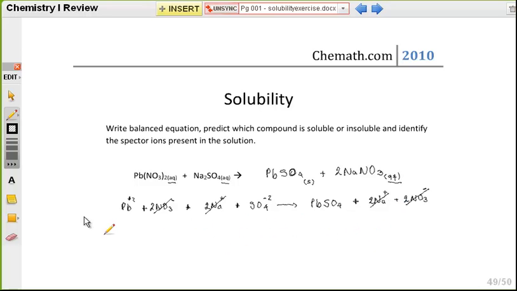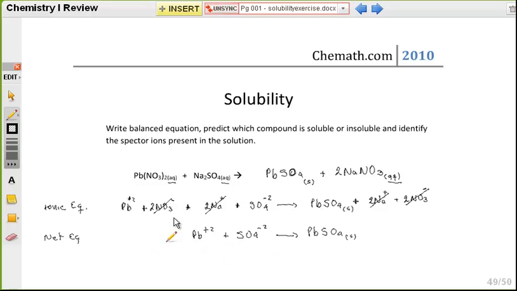So that is called my ionic equation, and my net ionic equation will be whatever is left over here, and this is a solid.